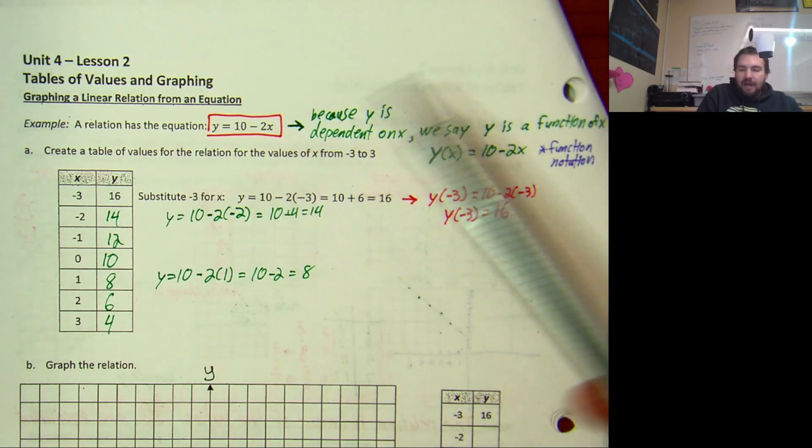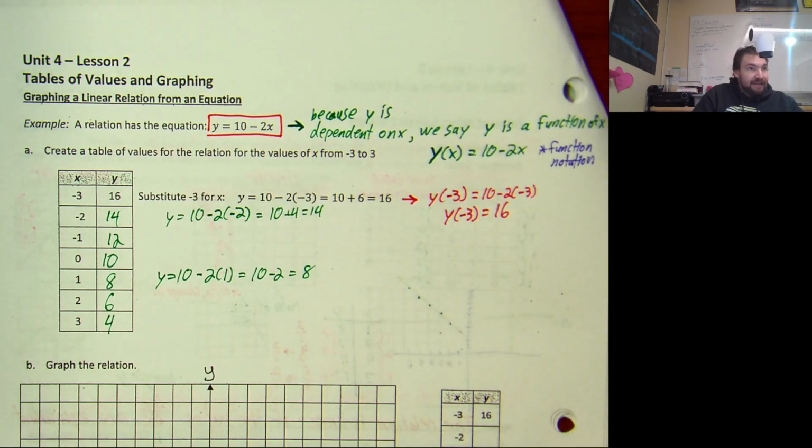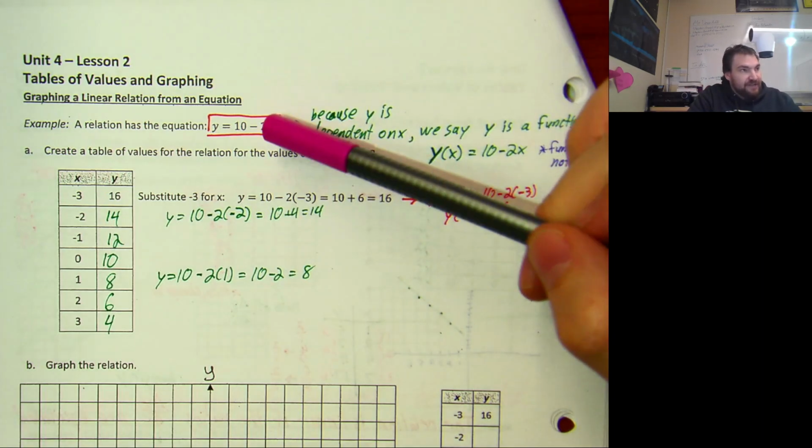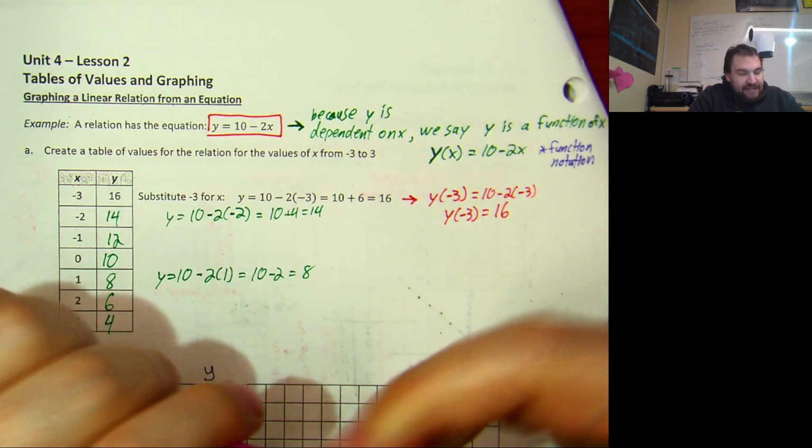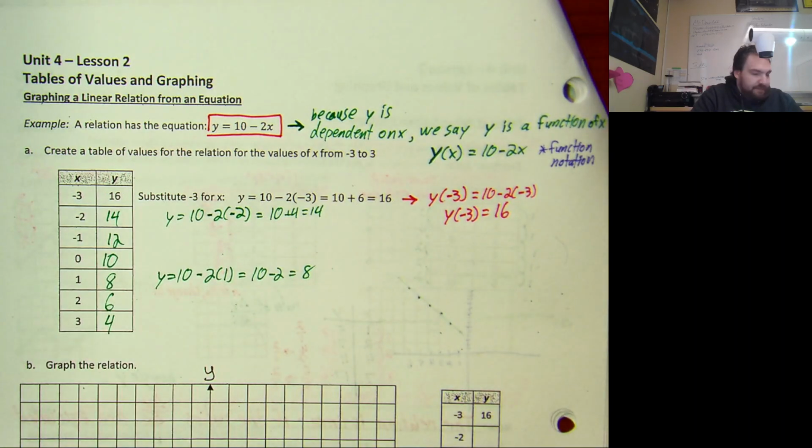That's cool. One of the things that you can notice that defines whether or not an equation or a relation like this is going to be linear is the exponent on x.